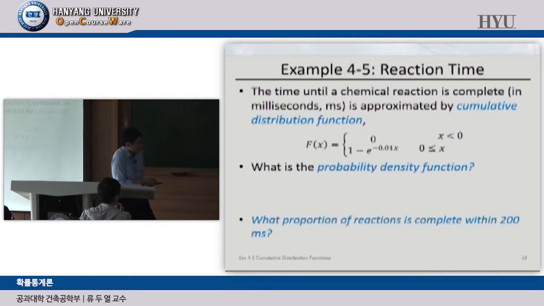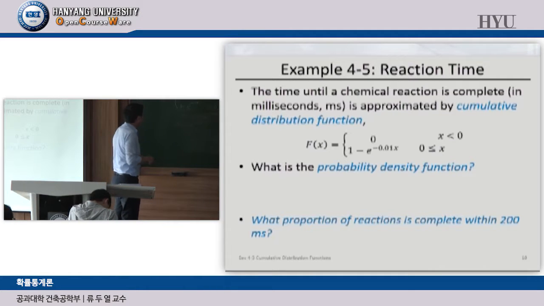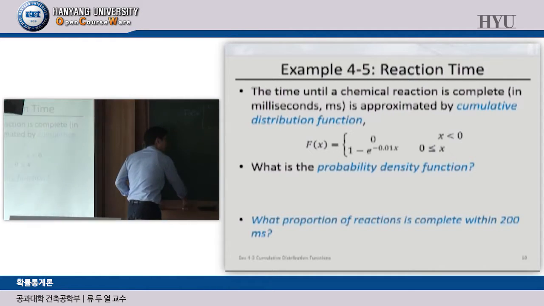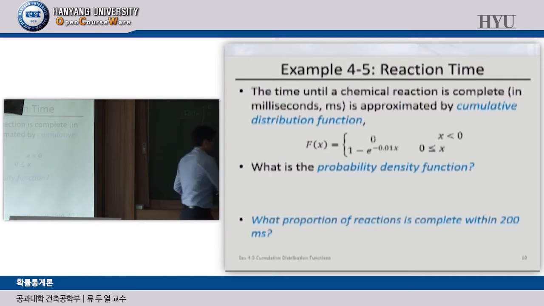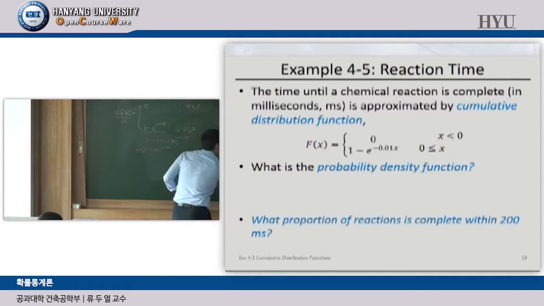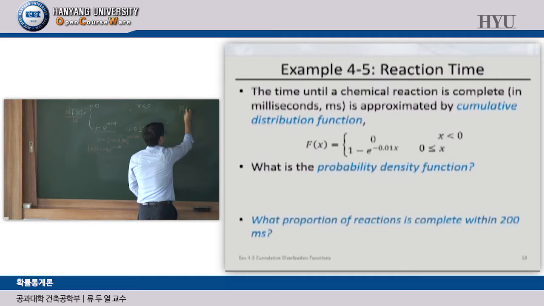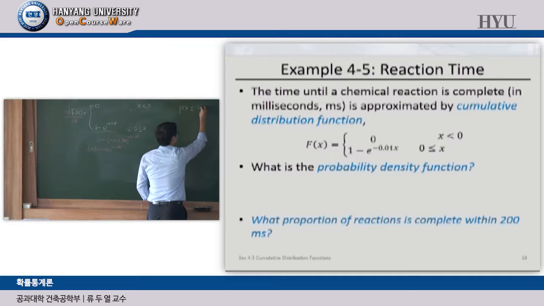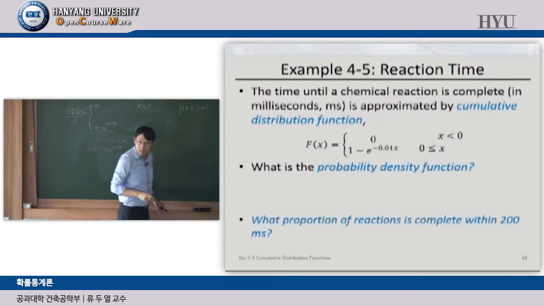And what proportion of reactions is complete within 200 milliseconds? In this case, we have to find the probability that x is smaller than or equal to 200, right?